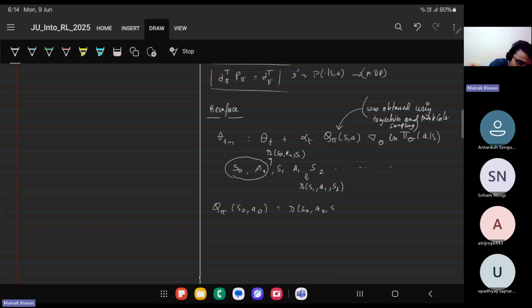We have already done this, using the first visit method or every visit method, isn't it? So we can just estimate q pi this way.